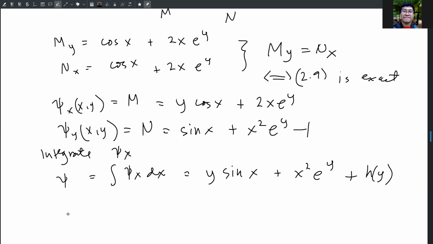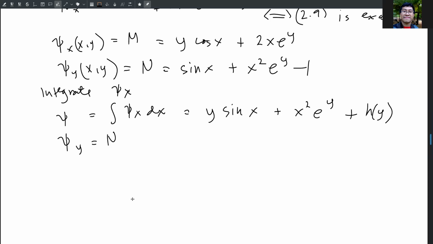Now using psi_y equals n, the partial derivative with respect to y of psi is sine of x plus x squared e^y plus h prime of y.